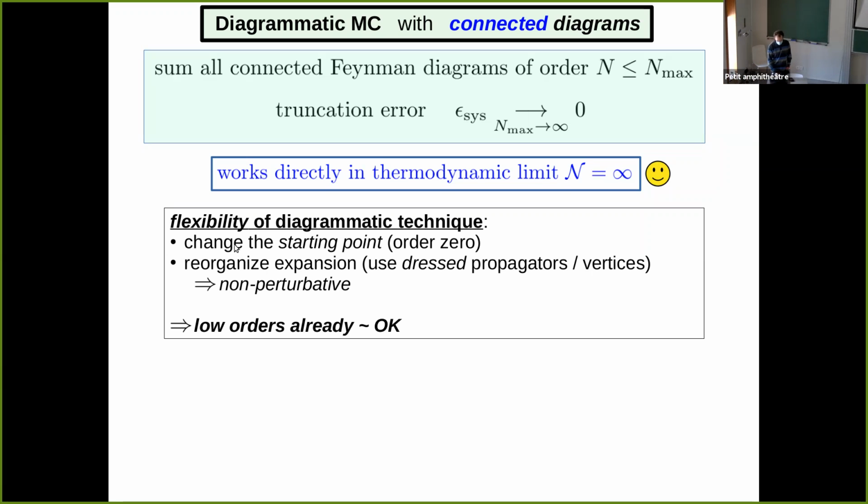So these are the standard tools of diagrammatic technique. And typically they are used at low orders. And they typically already give pretty good results, qualitatively correct, and even quantitatively not very far off. That's why they are used very widely already at low orders. But here, what we do is we go to high orders and try to reach the regime where it becomes exact.